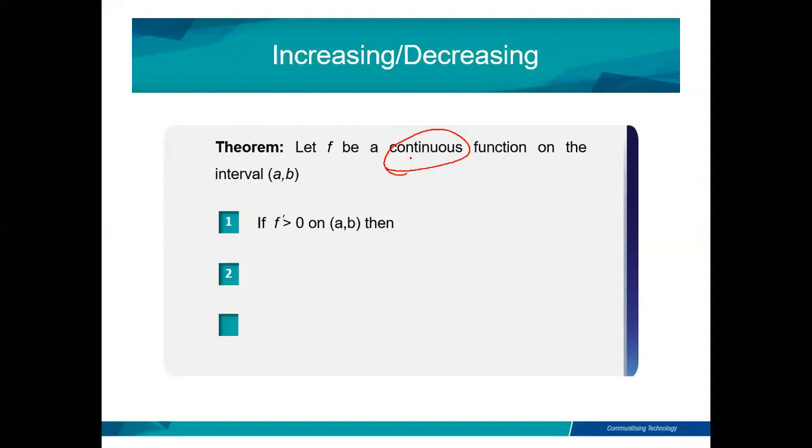What does continuous mean? In chapter 1, we already learned continuity. Continuous means that you can draw the graph without lifting your pen. You can draw it like this. This is continuous, without needing to lift your pen. If you have something like this, it is discontinuous.